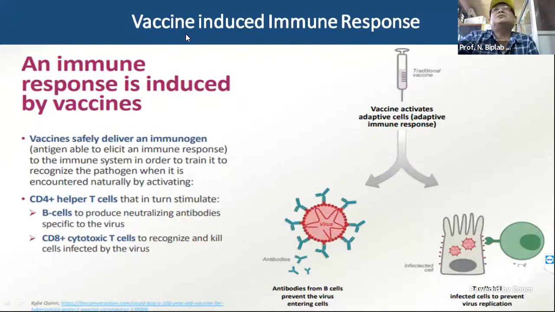Now, what about the vaccine-induced immune response? Vaccines safely deliver an immunogen, an antigen able to elicit an immune response, to the immune system in order to train it to recognize the pathogen when it is encountered naturally, by activating the CD4 helper T cells that in turn stimulate the B cells to produce neutralizing antibodies specific to the virus, and also CD8 cytotoxic T cells to recognize and kill the cells which are infected by the viruses.